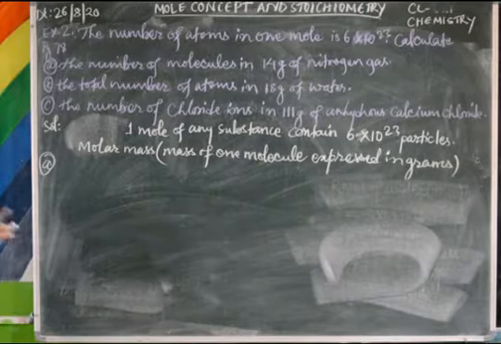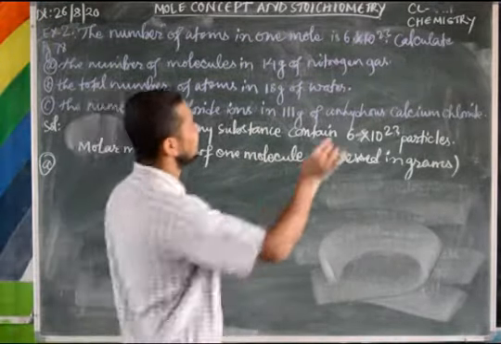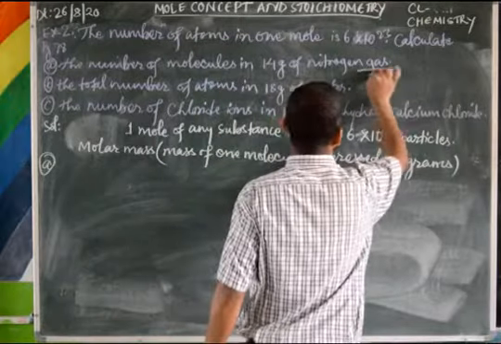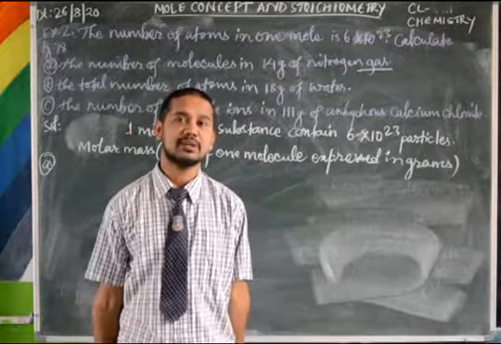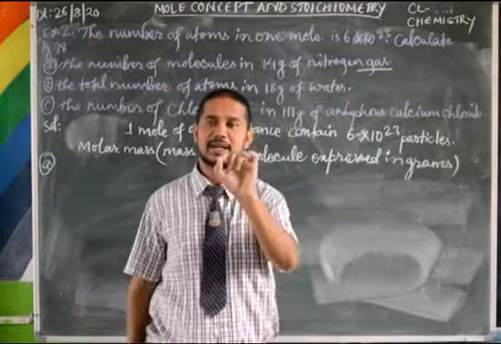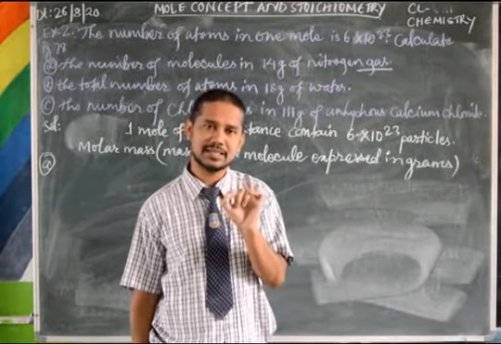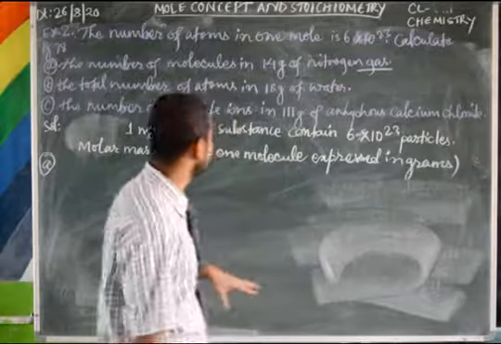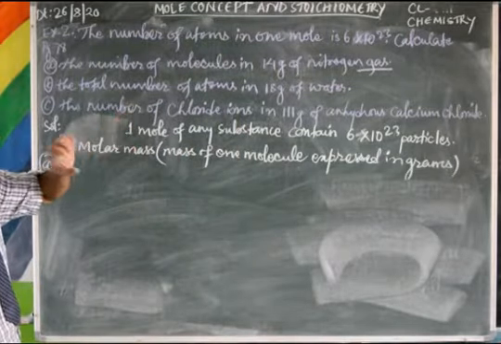So first of all you must know, it is said here gas. Not nitrogen atom, not nitrogen element. It is nitrogen gas, and nitrogen gas is not N, it is N2. So the number of molecules in 14 gram of nitrogen gas.